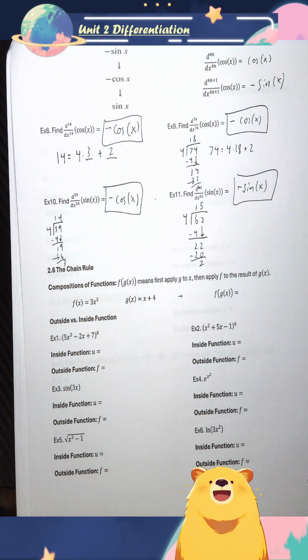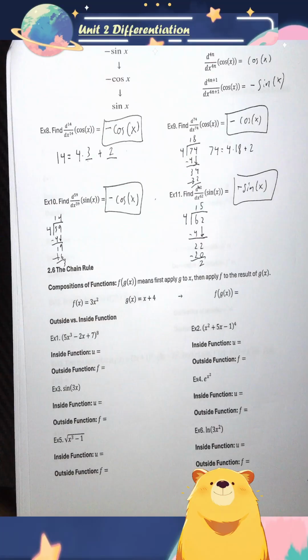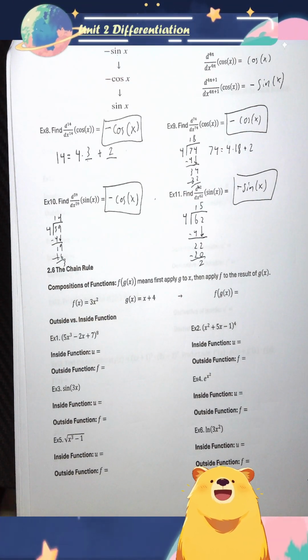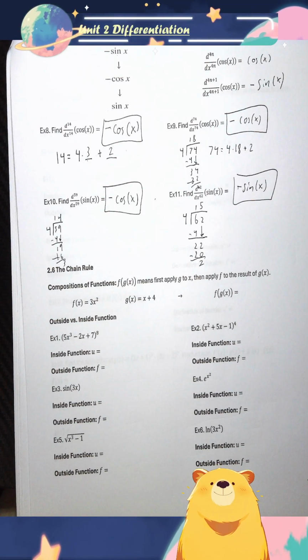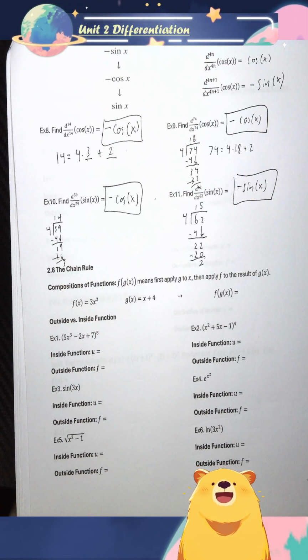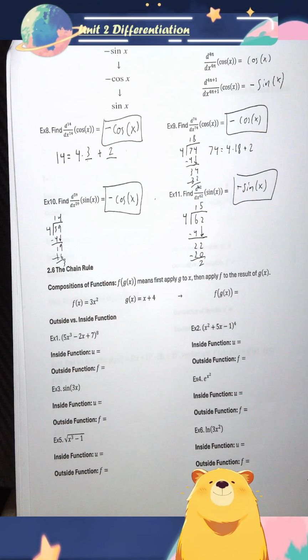Okay, that's going to wrap up our trig functions. Next, let's talk about chain rule. Now, chain rule helps us in particular when functions get a bit ugly and we're just writing math on top of math on top of math, or I should say, inside the math.